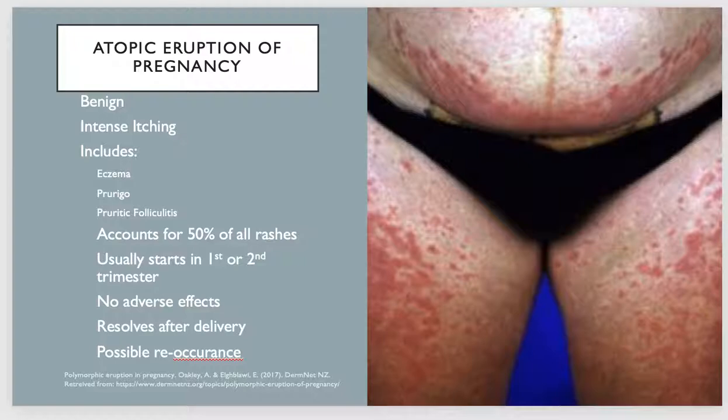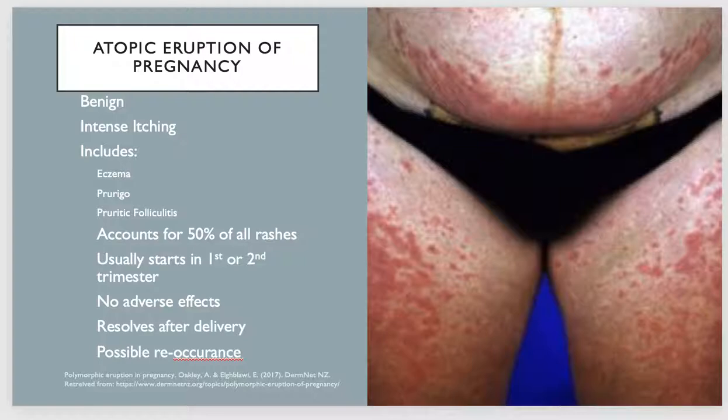And as awful as this picture looks, and I know that it does look terrible, it really is a benign condition. About 50% of all of the rashes that we see will fall in this category because it actually contains 3 types of rashes.